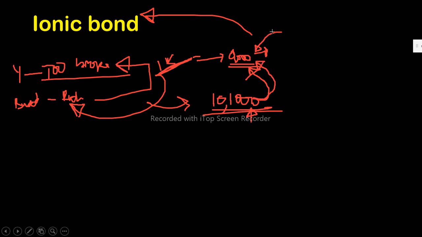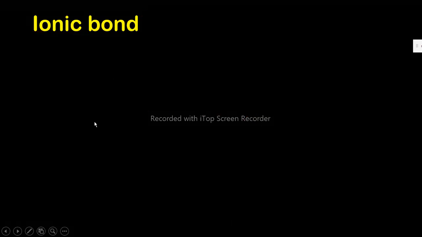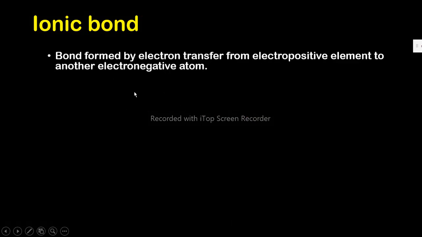And for you, when you also receive the 1K, man, you are just happy. So bring that analogy here, okay? And that is the ionic bond. So ionic bonding is a bond that is formed by transfer of electrons from an electropositive element to a more electronegative atom.